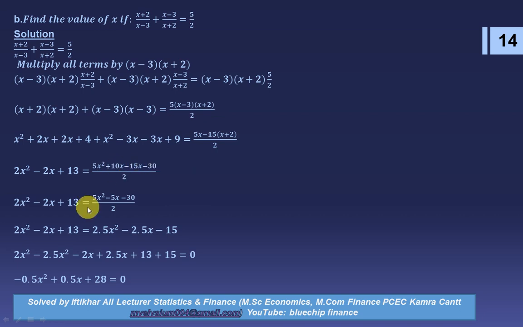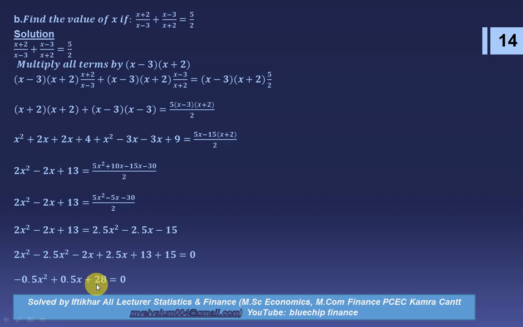Finally, 2x square minus 2x plus 13 equals 5x square minus 5x minus 30 divided by 2. So this whole equation will be divided by 2. It will become 2.5x square minus 2.5x minus 15. Now just simplify this equation, and after simplification the equation will be equal to minus 0.5x square plus 0.5x plus 28 equals 0.